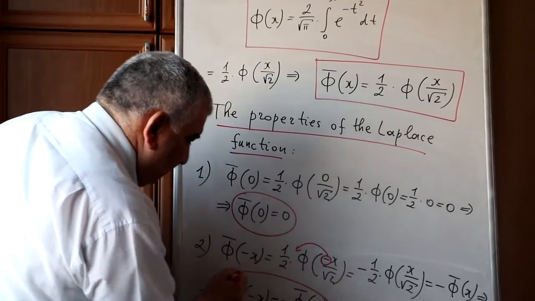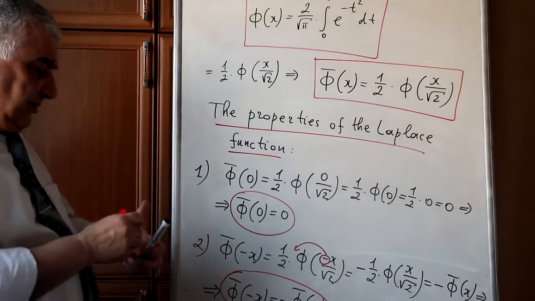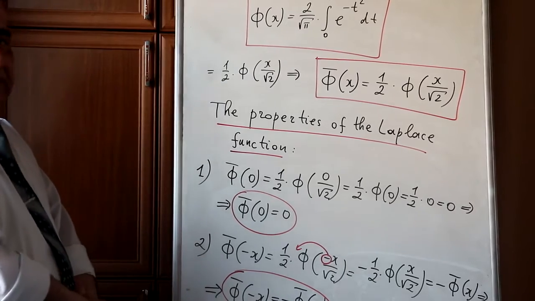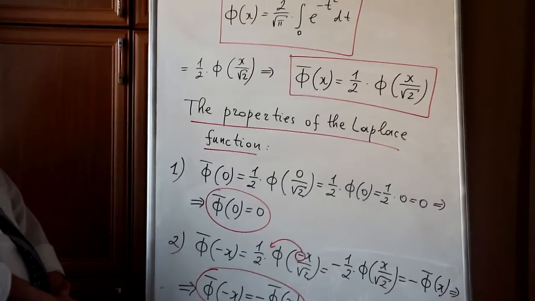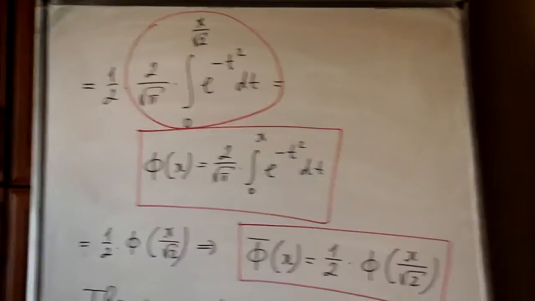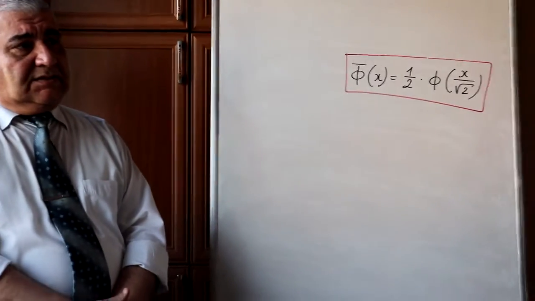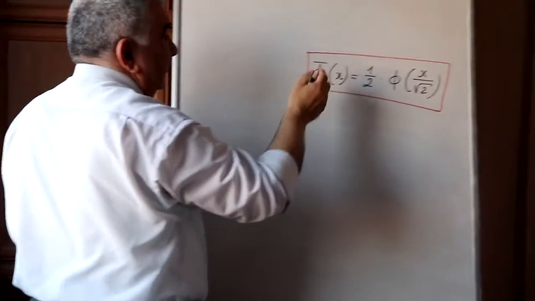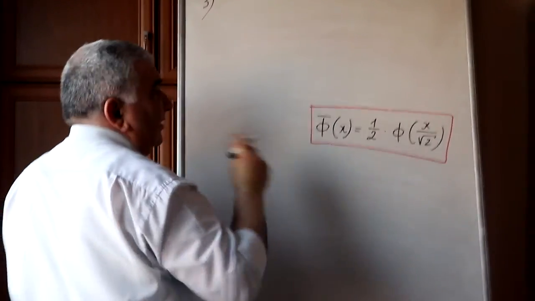It means the Laplace function is an odd function. Then write the third property. We will use this formula.